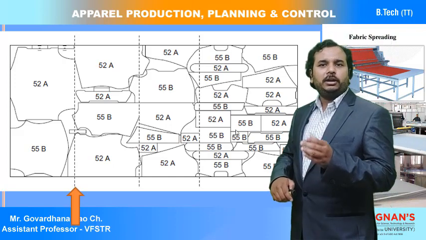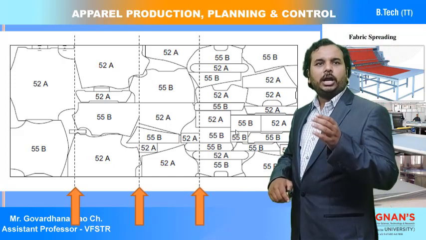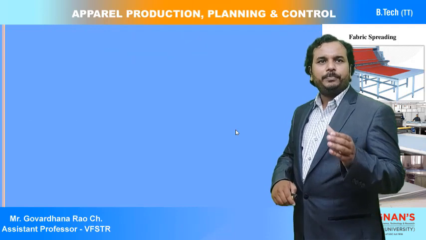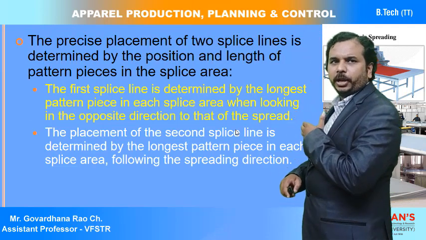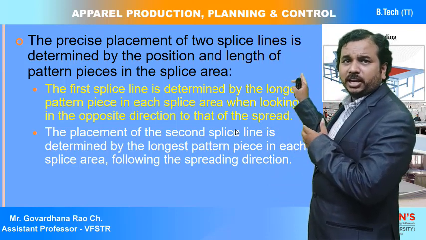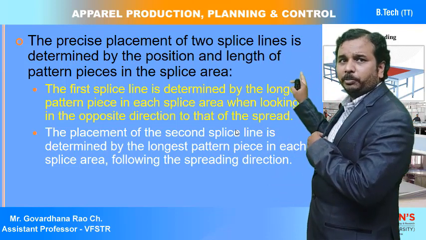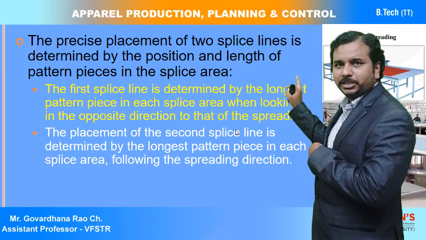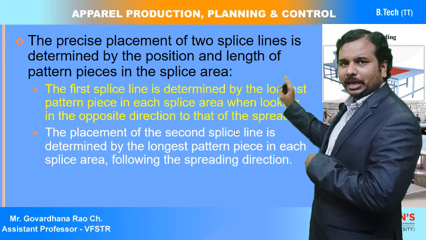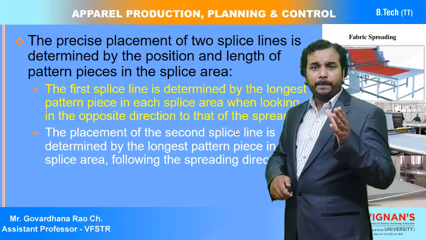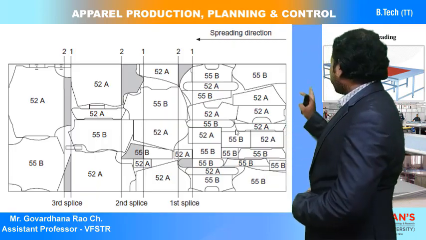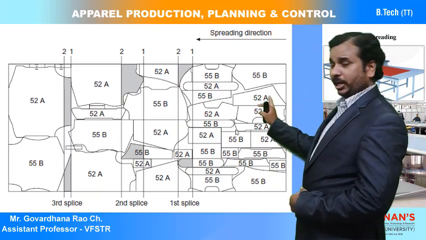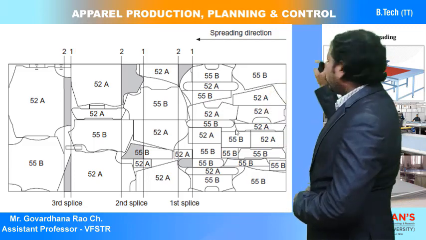You can observe here these are the splice points, exactly as I have explained. The first splice line is determined by the longest pattern piece in each splice area, and the second one is placed at the next starting point. You can see the first splice part and the second splice part, the two lines 1 and 2.